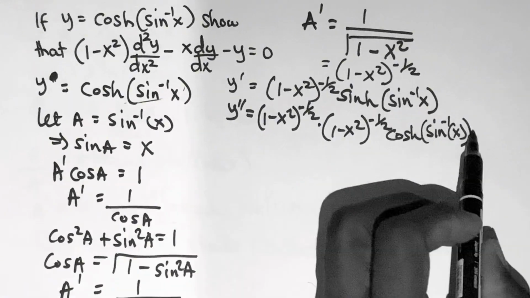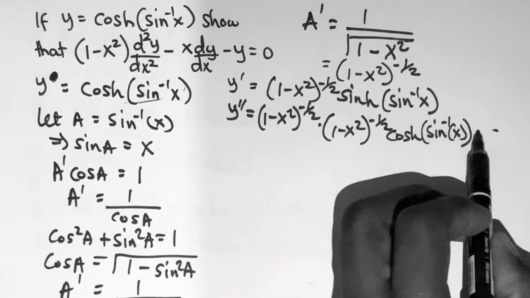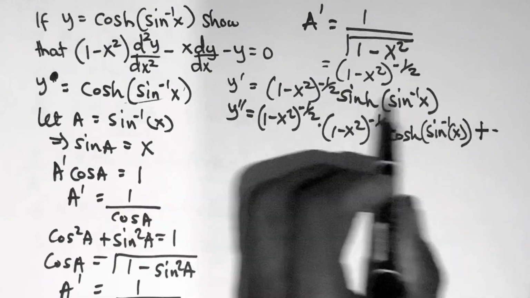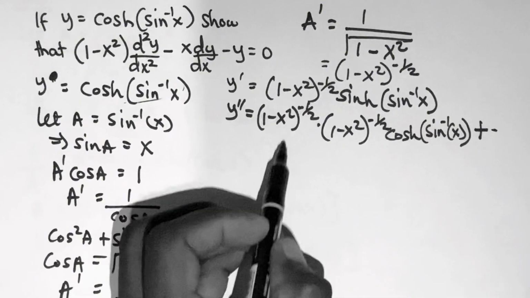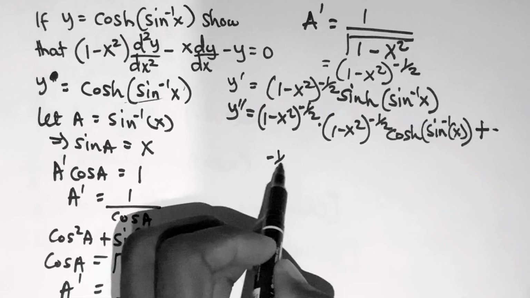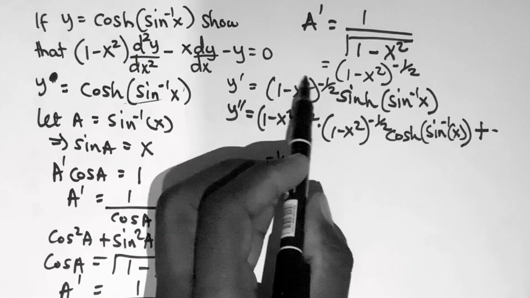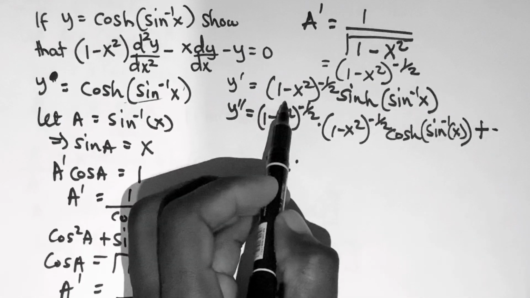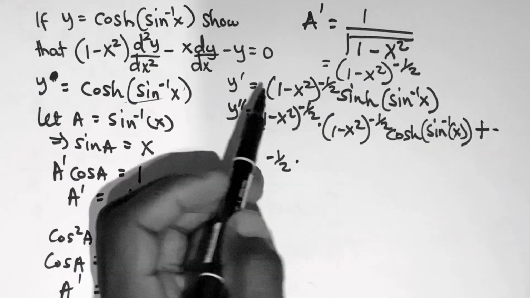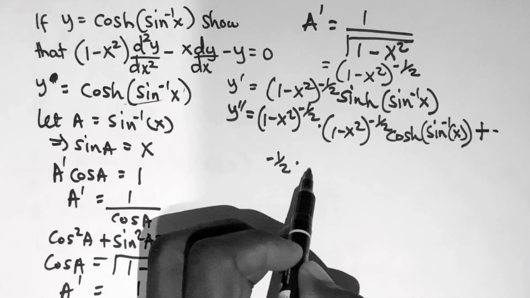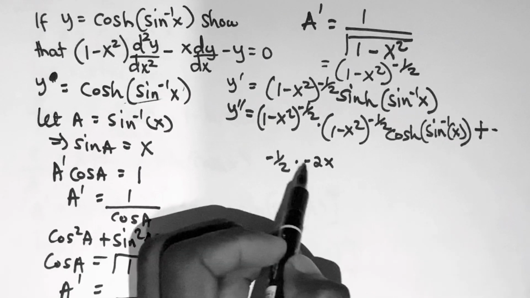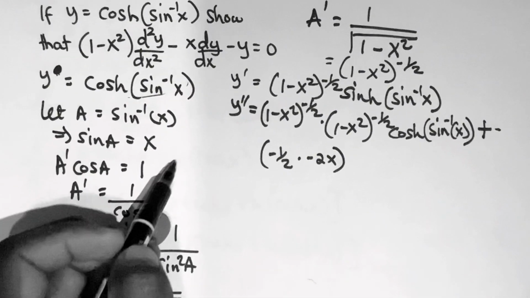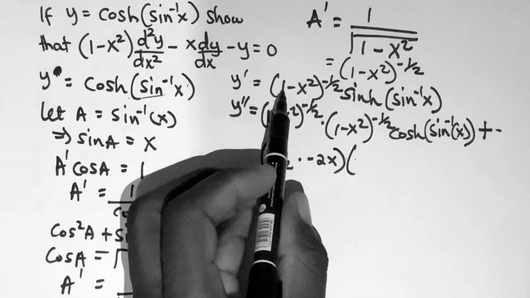So now I want to continue from here. So plus, there's a plus here, but I want to write this term down here. Now if you differentiate this, minus half will come down. Then you multiply by what you get when you differentiate what is in the bracket, you differentiate 1 minus x squared, you are going to get times minus 2x. And then all of this is going to multiply.